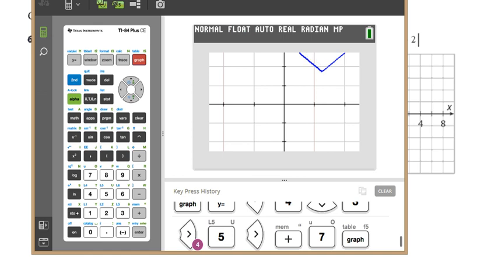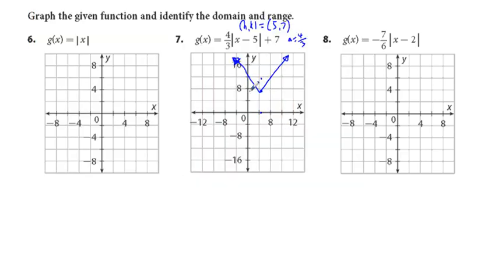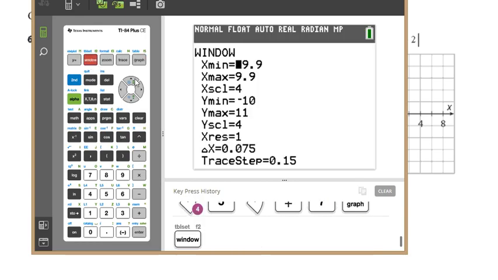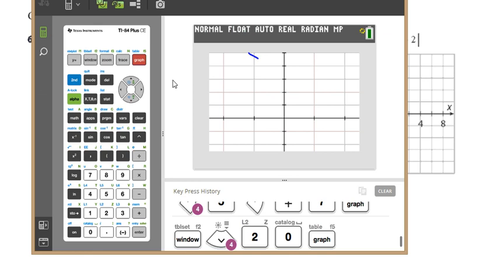Let's go ahead and emulate the graph a little better. Looks like we're going up to 20 on this thing here. Let's change that y max to 20. Should get a closer emulation here.